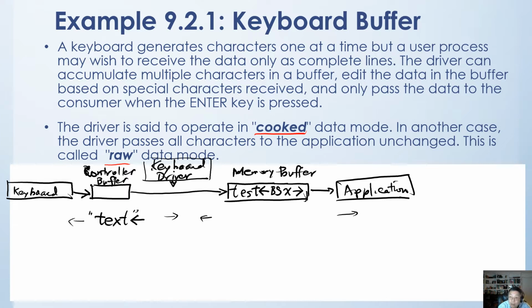That's called raw input mode. In that case, all the characters, including the special characters, are moved to the main memory buffer. That's raw input mode.